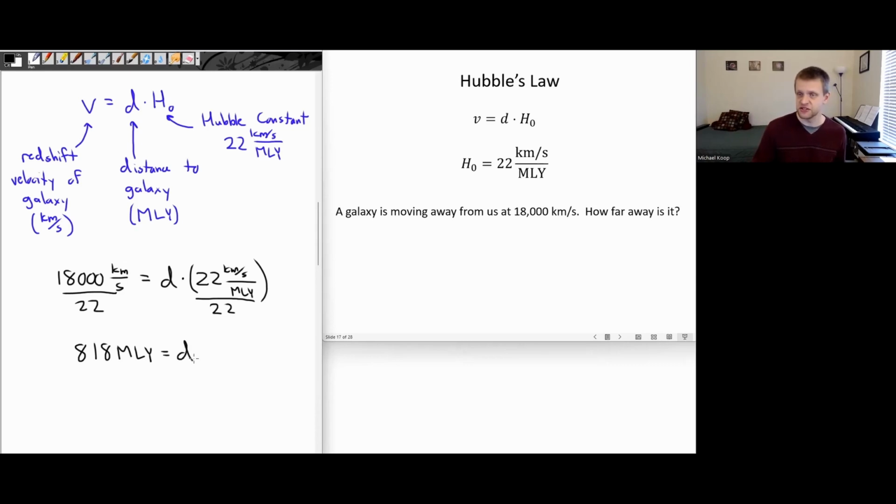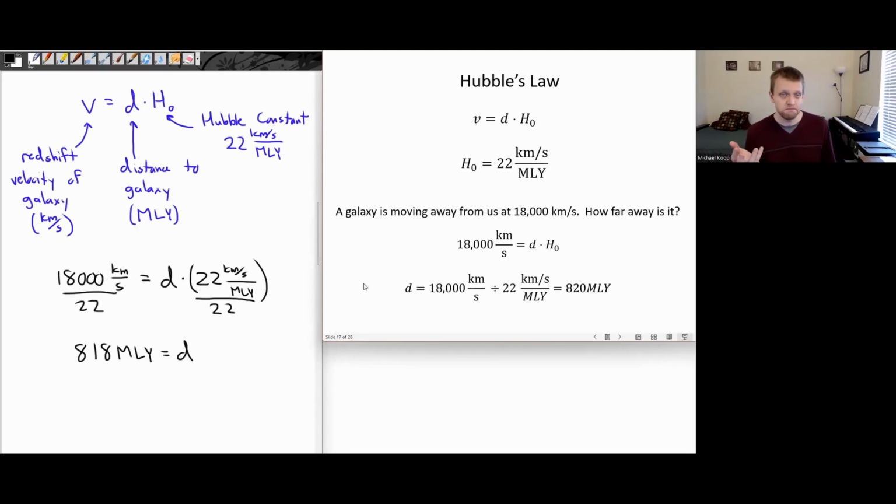And that is my distance value. So again, not too tricky. Once we have that velocity, basically take the velocity, divide by Hubble's constant, and that will give you the distance in millions of light years. Those are the units associated with that distance.